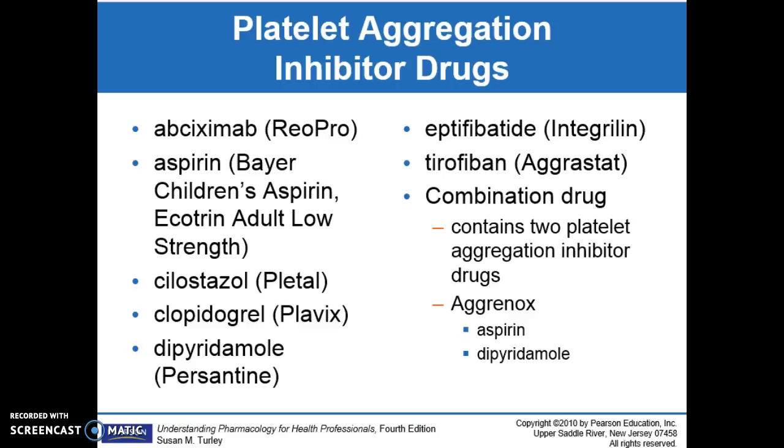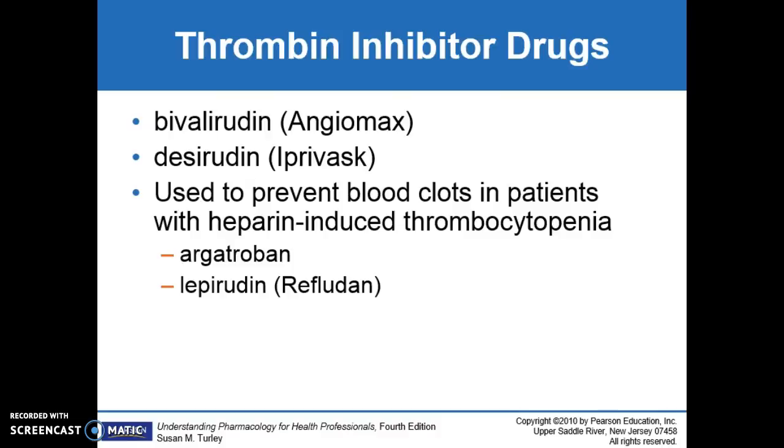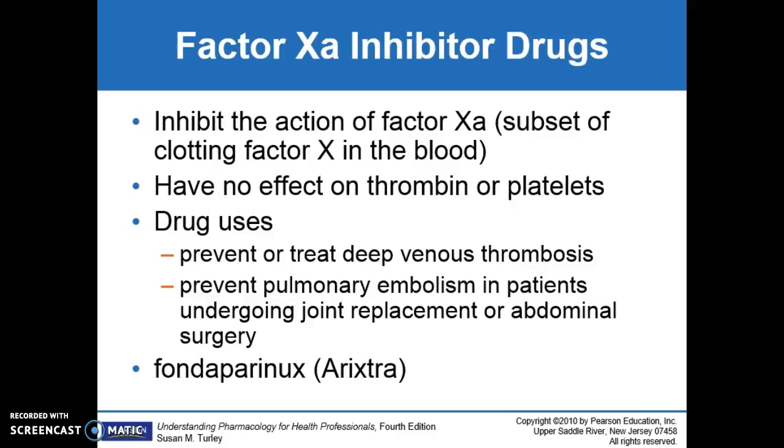Then we've got some thrombin inhibitor type of drugs. Angiomax is a very common one that you'll see used. Then we also have some factor XA inhibitor drugs. Arixtra is one. We've got thrombolytic drugs. So basically you're just going to see all those different types of things, but they all are focusing on the same thing, keeping blood from clotting.